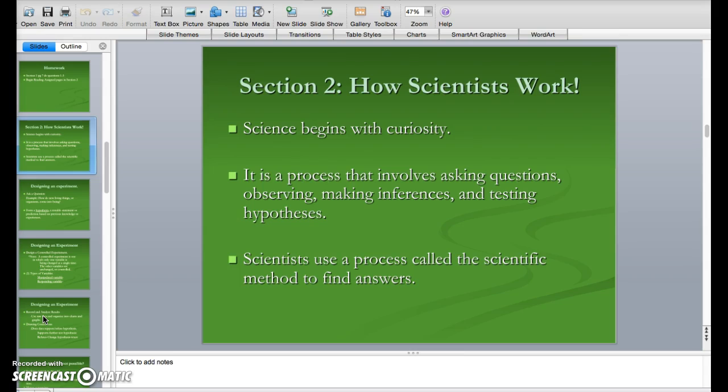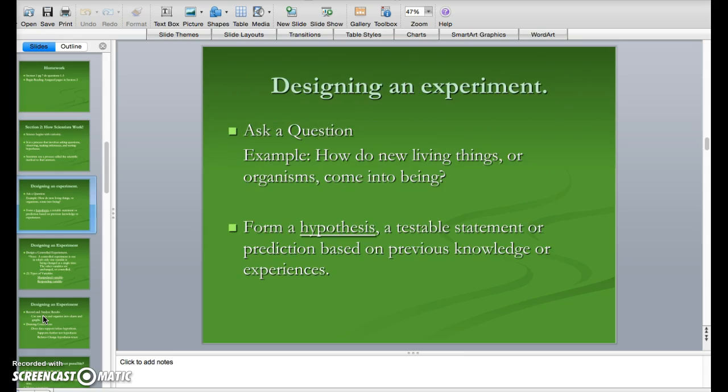So scientists use a process called the scientific method to find answers. And you learn about the scientific method every year in a science class, and you often think of it as a linear process. You'll be introduced to it as a linear process here. So what does that mean? Well, basically, we know that a linear process is a sequenced order. Step 1, step 2, step 3.